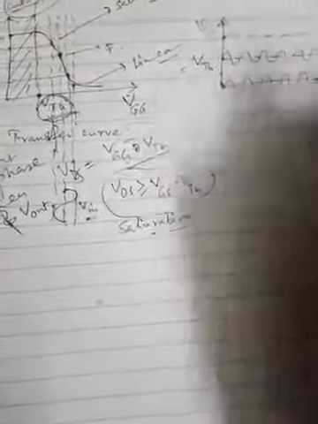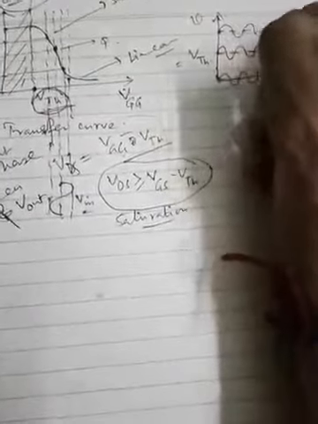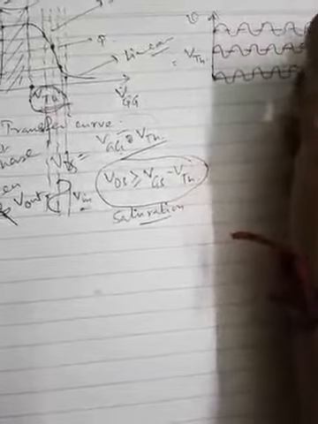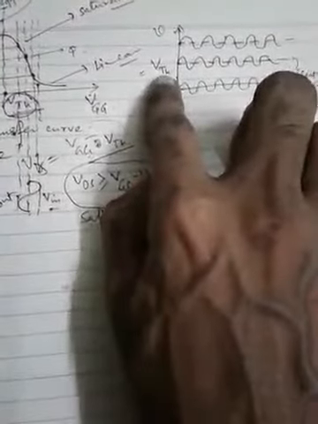So suppose it is selected at this level. Now if we apply the V in over and above it, the MOSFET will understand the presence of this small signal at its input, and it will also feel that it has a sufficient DC biasing condition, which is much greater than the VTH value.